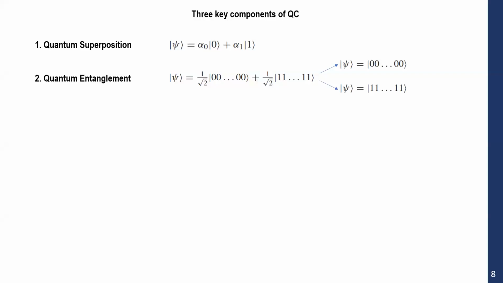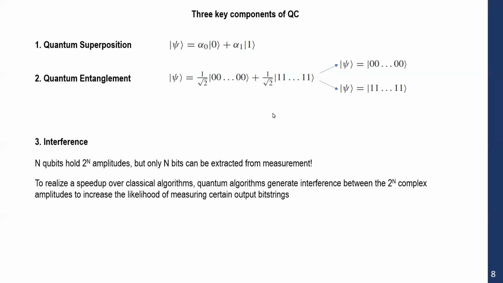If you measure just one qubit in the array, it leads to collapse of the entire psi state to one of these possibilities, either all zeros or all ones. So yeah, we call this quantum entanglement.